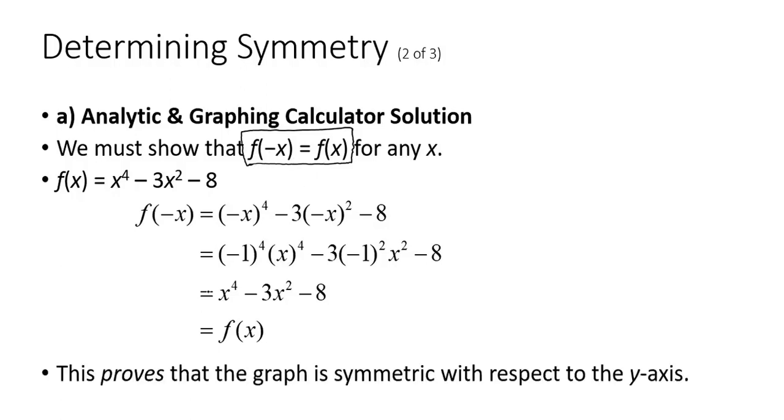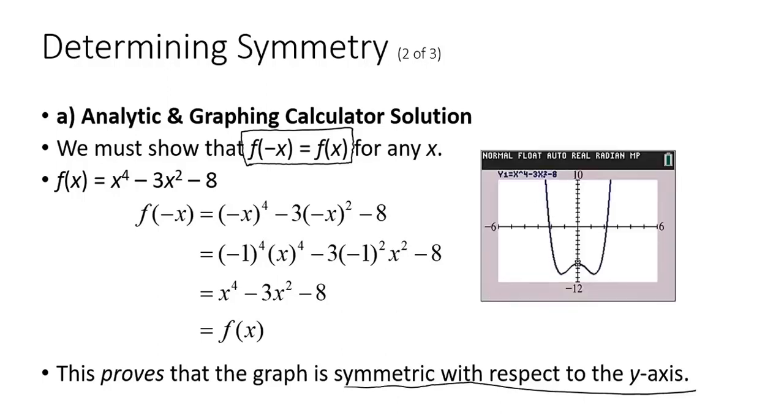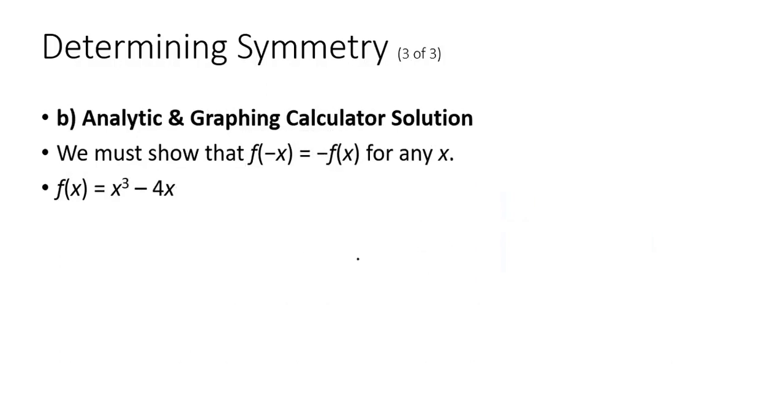So when that happens, we can say the graph has symmetry with respect to the y-axis. We can confirm that result by looking at the graph on our graphing calculator. You can see it has a mirror image on the y-axis, so it has symmetry with respect to the y-axis.